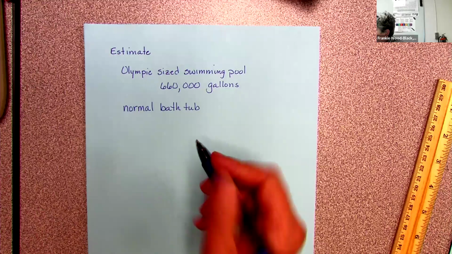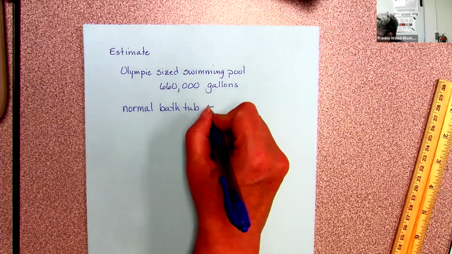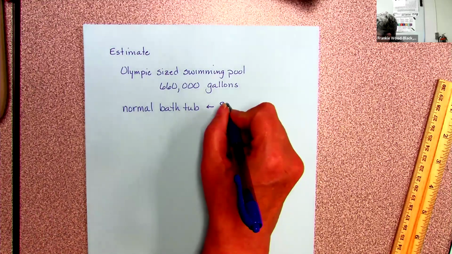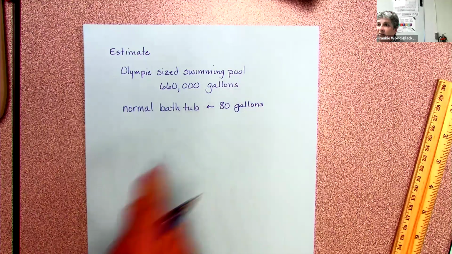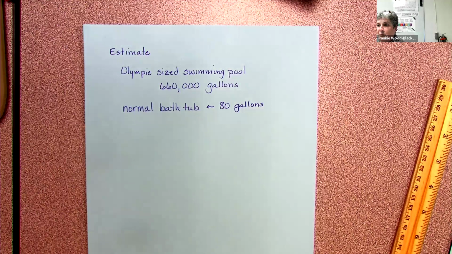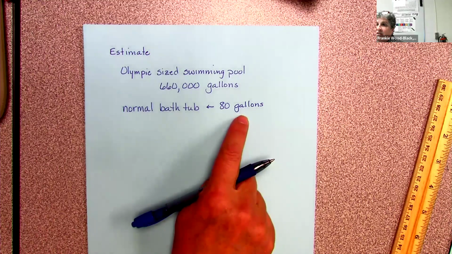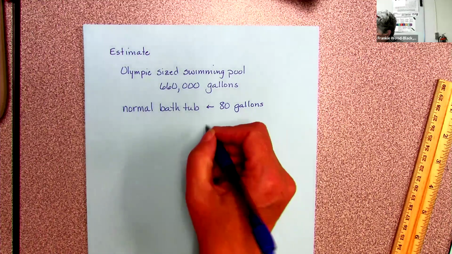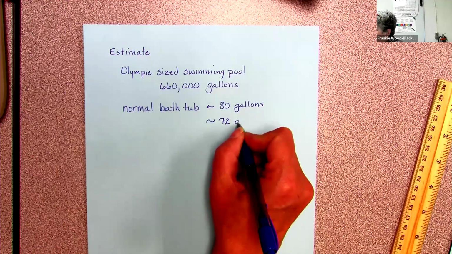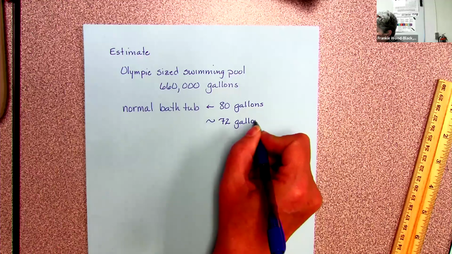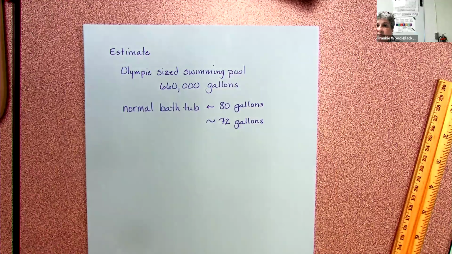A normal bathtub, according to Google right now, is 80 gallons. But I'm pretty sure that 80 gallons is if you filled it all the way up to the brim, but most of them have a overflow drain. And so the typical number that I use for bathtubs is 72 gallons, and that's if you fill the bathtub.